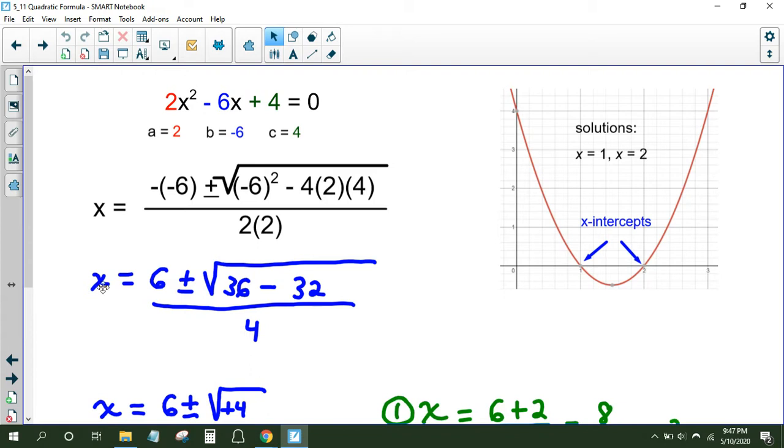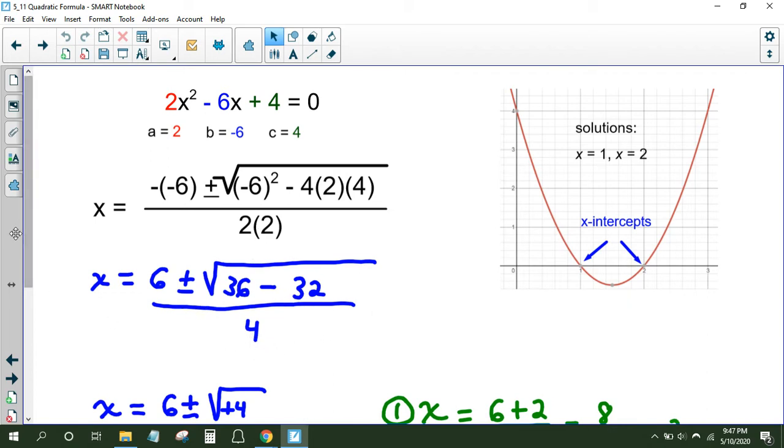So x is equal to, well, a negative 6 gives us a positive 6, plus or minus the square root of negative 6 squared, which is a positive 36, and then minus 4 times 2 times 4, which is 32. So underneath the square root sign, we have 36 minus 32, and all of this is over 4, or 2 times 2.